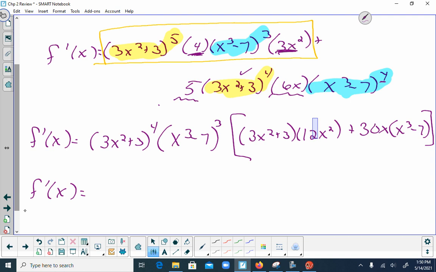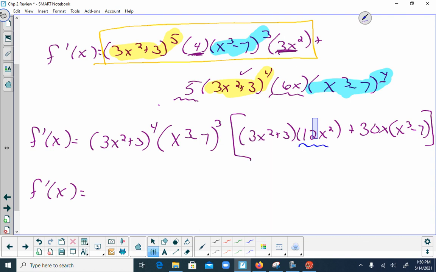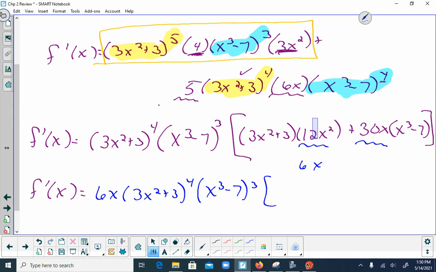Well, no, I changed my mind. Here I have a 12x squared, and here I have a 30x squared, so I'm going to factor out a 6x. I'm going to bring that 6x up here. If I factor out 6x, I'm going to be left with 2x times 3x squared plus 3.